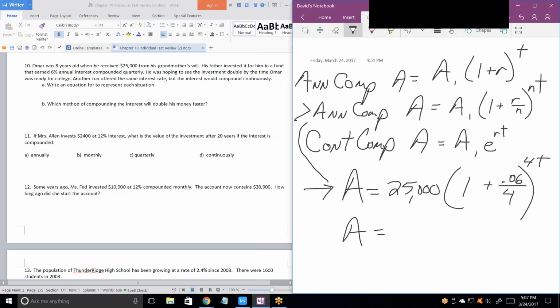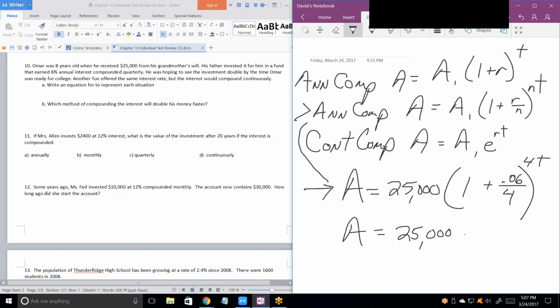The third one. Okay, fill in the blanks. Given, right, A equals 25,000. And then 0.06. E, you don't need to turn that into a number.